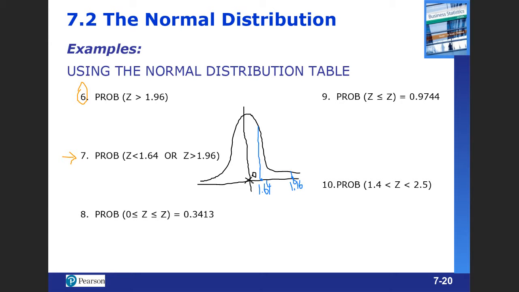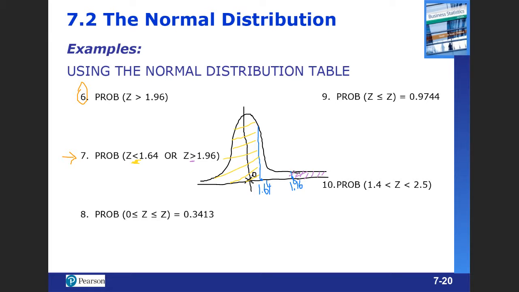Now I need to figure out how to shade this. The question says less than 1.64. Less than means I shade to the left, so everything to the left of 1.64. And greater than 1.96 means I shade to the right of 1.96.